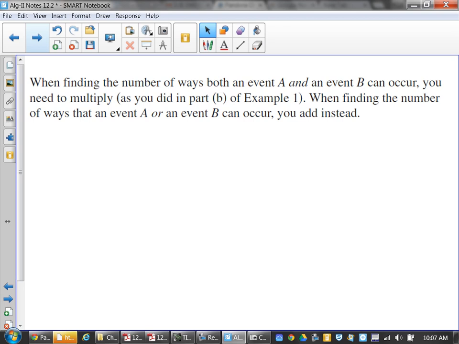What we're talking about there was 5 cards of the same suit. 2 different things have to occur. When finding the number of ways an event or something else can occur, when 2 things have the word or, that's when you're going to add. When you get used to seeing this a little bit, it's so very simple. And 2 things you want to happen, multiply or adding.